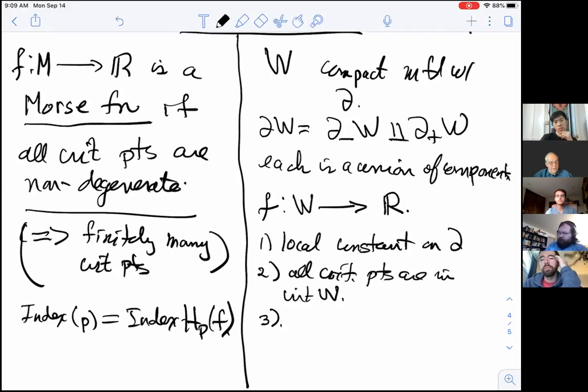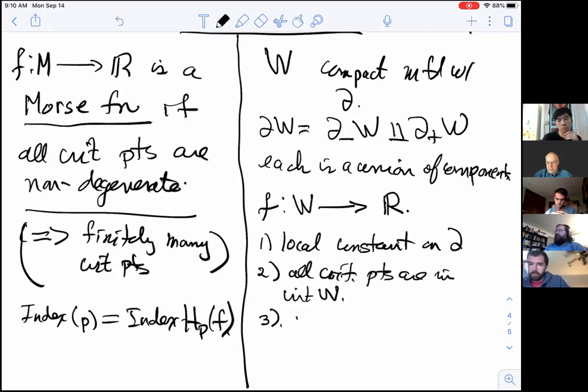So the Hessian of the map along the boundary is required to be non-degenerate. Since it's locally constant on the boundary, that means these, I mixed myself up. The differential of the map along the boundary is non-trivial. Since it's locally constant on the boundary, that means in the normal direction to the boundary, either in or out, and we choose to think about outward pointing tangent vectors.